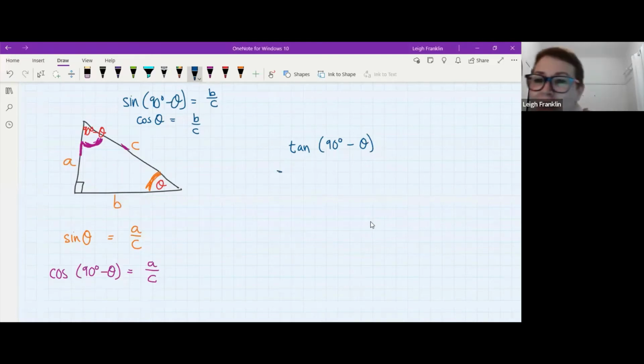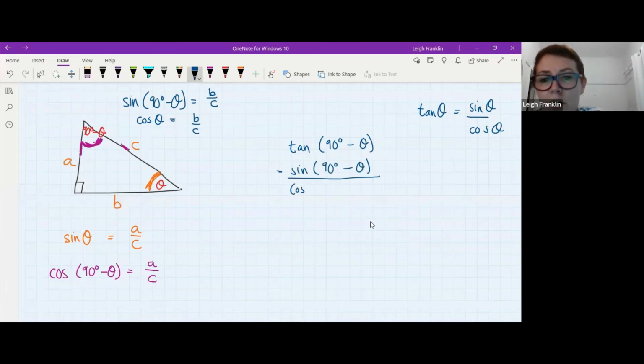Do you remember from last year that tan theta is equal to sine theta over cos theta? You remember that? Yes, it's one of our identities, super, super important. So what we could do here is write this as sine 90 minus theta over cos 90 minus theta. Does that make sense to you? Definitely.